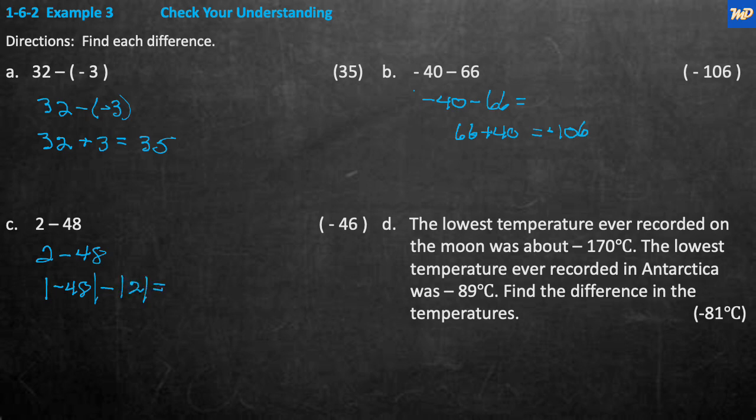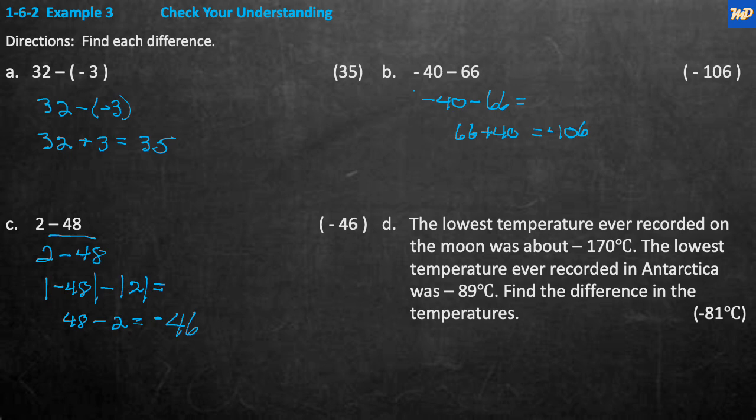The absolute value of minus 48 is 48, minus the absolute value of 2, which is 2, and that equals 48 minus 2, which is 46. Then we go back up and take the sign of the largest number. The largest number is 48, so the answer is negative 46.